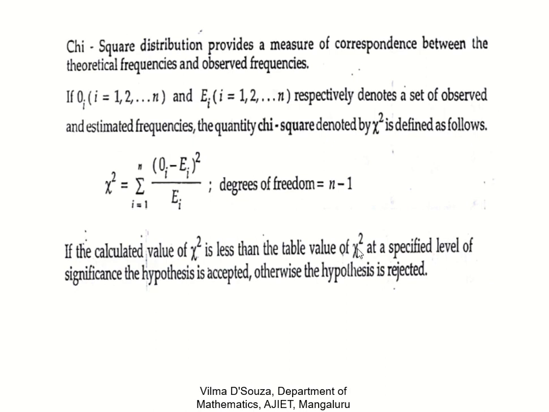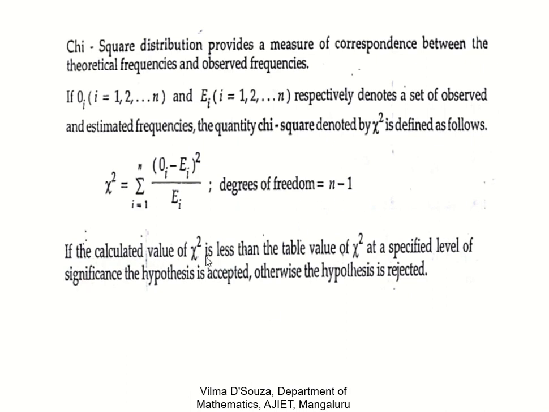Let me explain again briefly. The chi-square distribution is used to find a measure of correspondence between the theoretical and observed frequencies. When you have a set of observed and theoretical frequencies, use the chi-square formula: chi-square is equal to summation i varying from 1 to n of Oi minus Ei whole square divided by Ei, with degrees of freedom n minus 1.